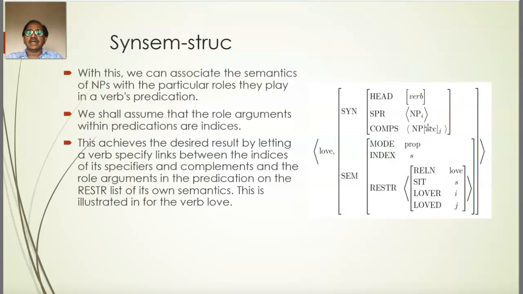Right? And we have seen the syn-sem structure of the verb love, and the verb love's predication will say that there is a role, lover, there is another role argument which is loved, and their indices are shared with the specifier and complement, so that the predication tells us that the verb love needs 2 role arguments, one role argument is the specifier, another role argument is the complement.